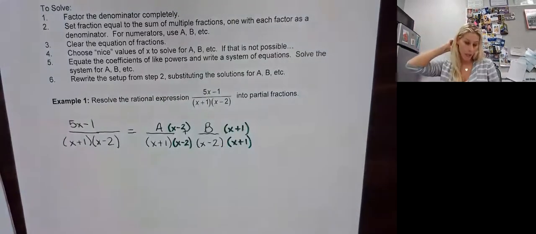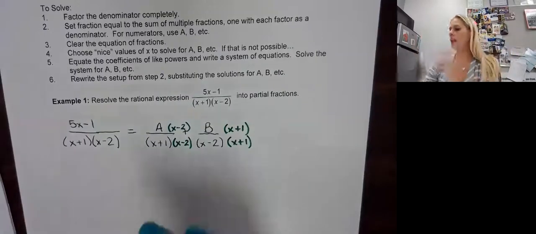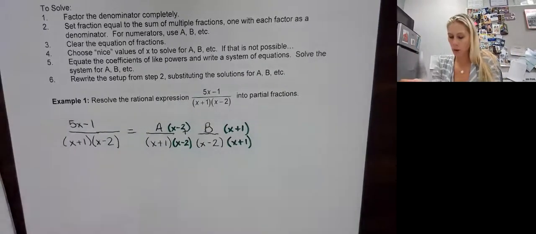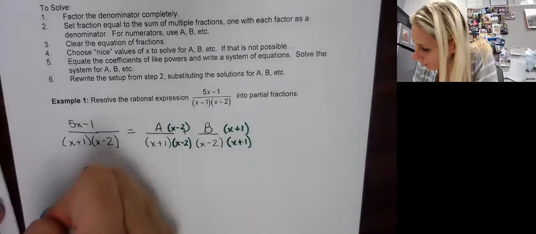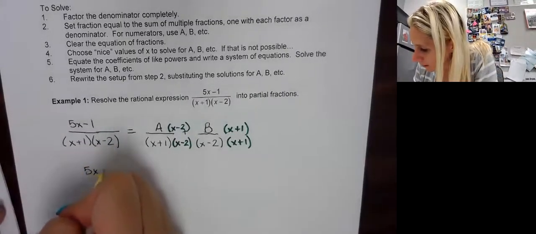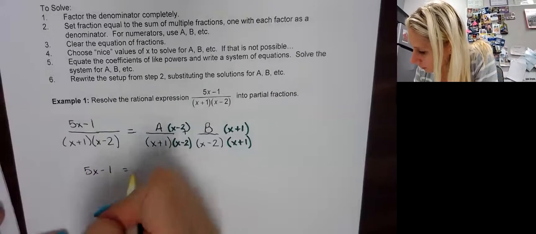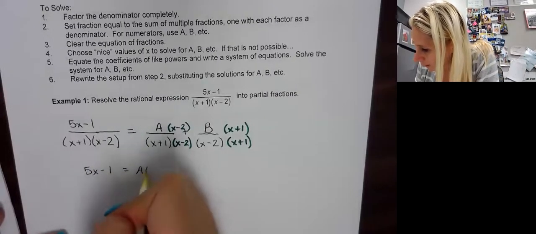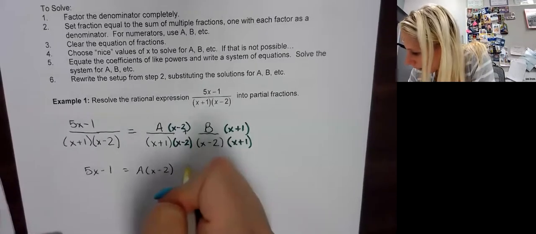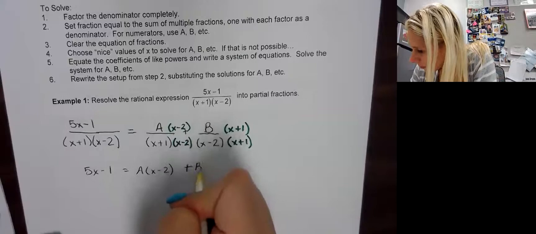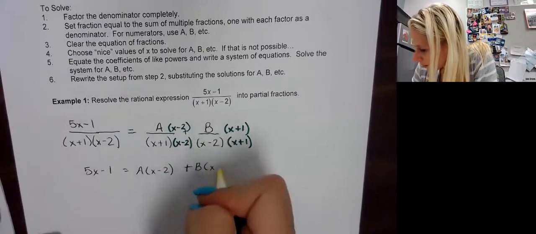Now that we have a common denominator, now we can actually just look at the numerators. So let's do that now. So if I just look at the numerators, I have 5x minus 1 equals A times x minus 2 plus B times x plus 1.